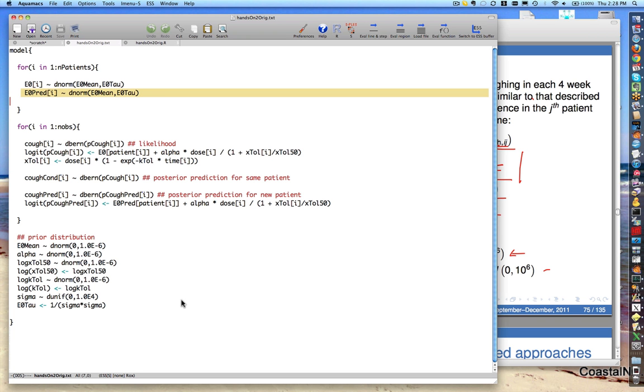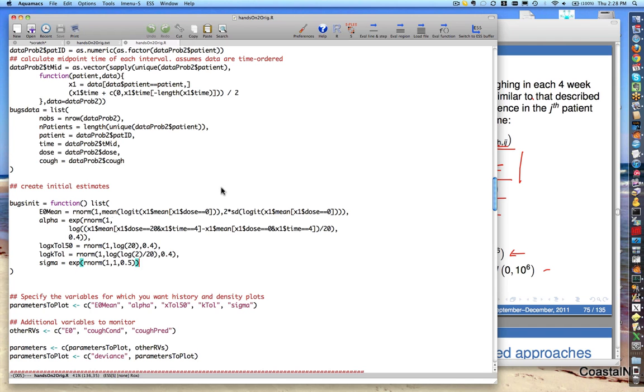So I guess the next thing is we have to provide some initial estimates and then run it. Let's take a look at that. So let's take a look at bugs in it right here. So it's starting right here. What I've done in here is use some summary statistics to try and get at some of the values here.